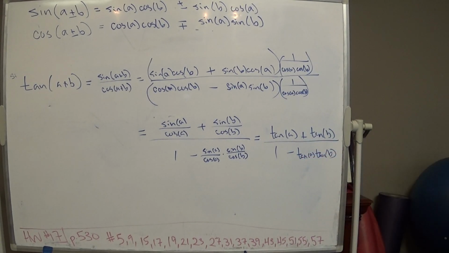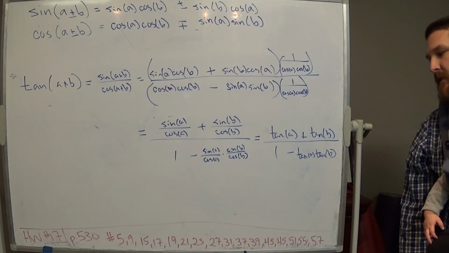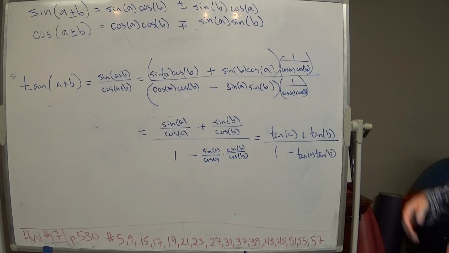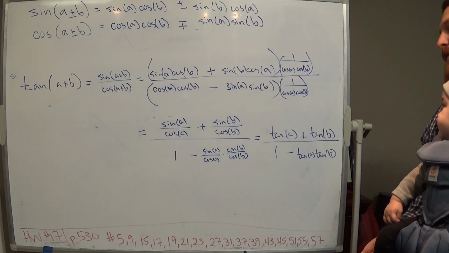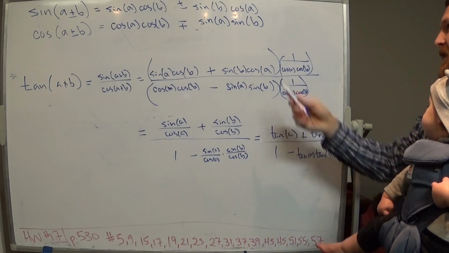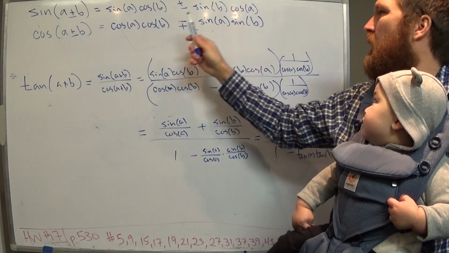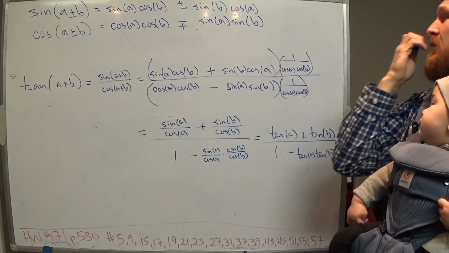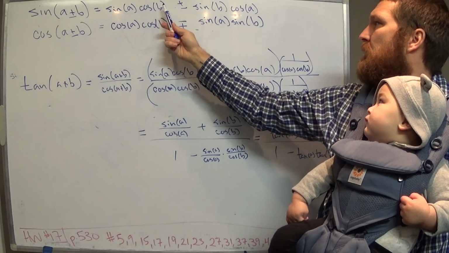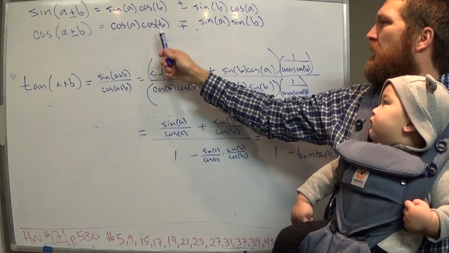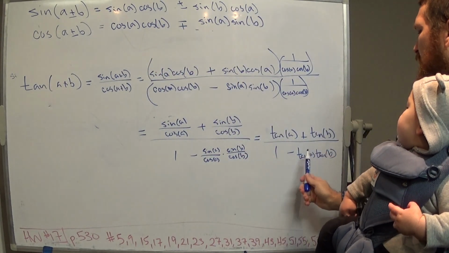This is a useful one to memorize, but I don't have it memorized. I mean, you could just get it. If you need it, you could just use these and do it that way. This is a little bit easier. Instead of figuring out all of those functions, you're figuring out 4 functions, but here you're figuring out 2 functions.